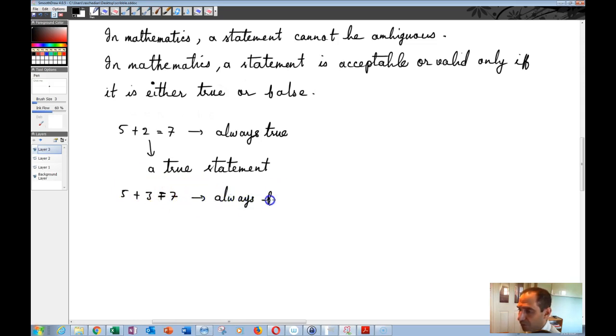So you call this a false statement. Okay, so this is important. And so now we have a couple of examples here.